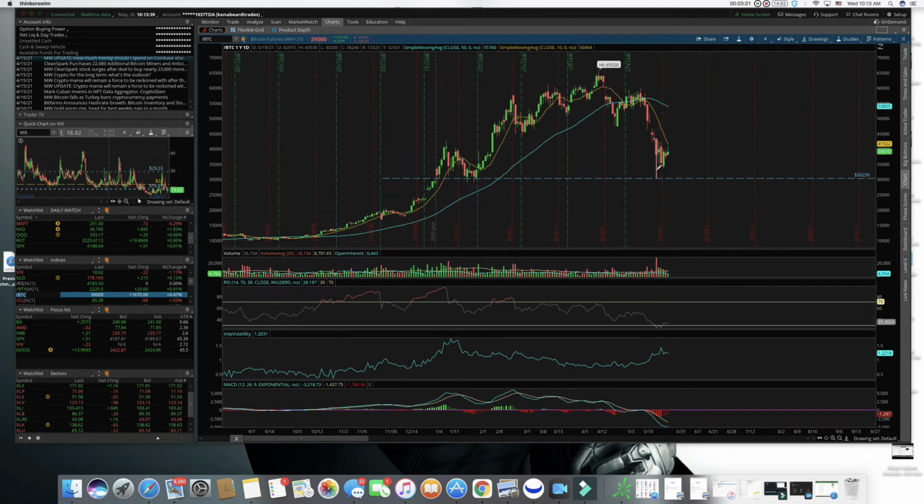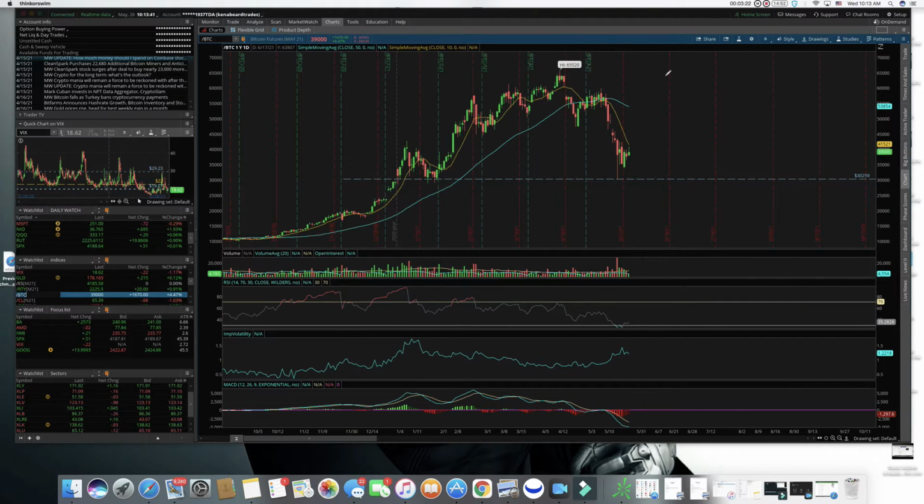Checking out Bitcoin here. Bitcoin, a fan favorite of many people, came down to a level of support. We bounced pretty nicely, and as we bounce, we've been holding up, looking like Bitcoin wants to make a move higher to the upside, but we've got to wait to see if it can reclaim some of those simple moving averages and really show us some strength to regain some of that confidence.